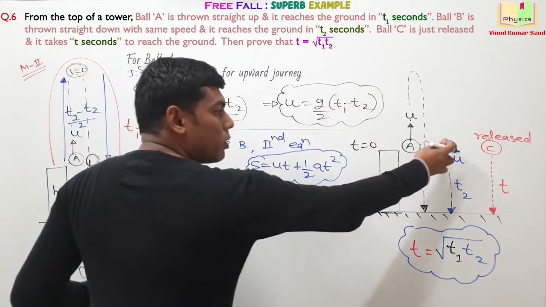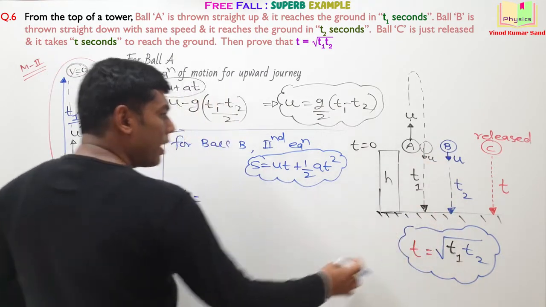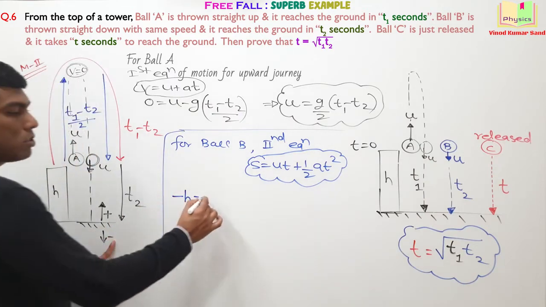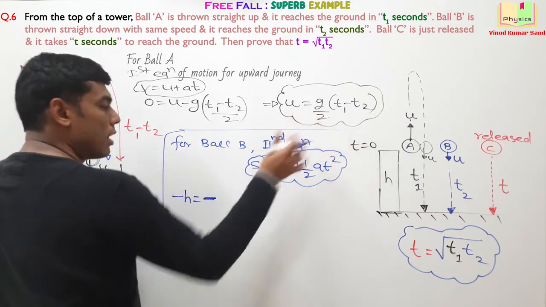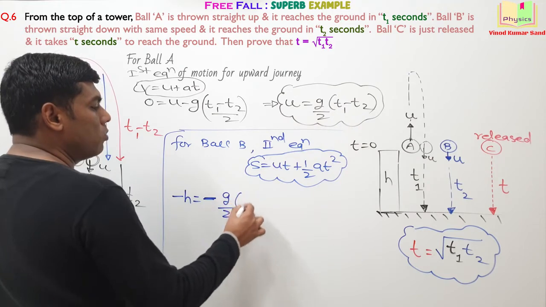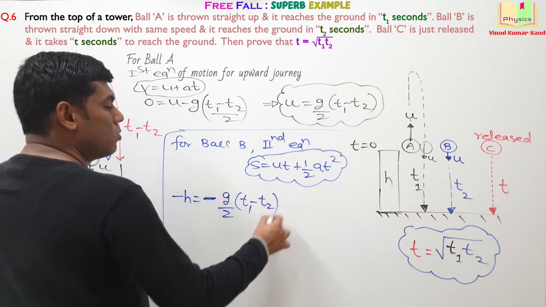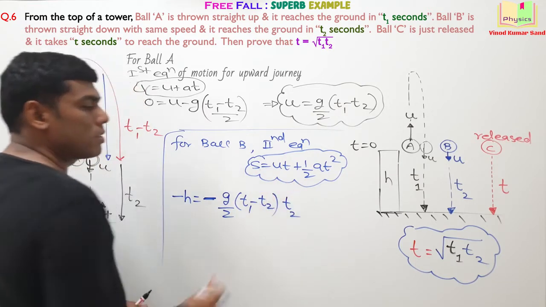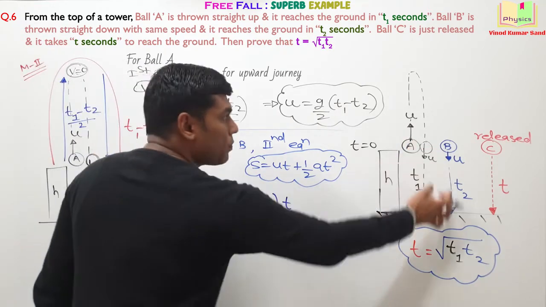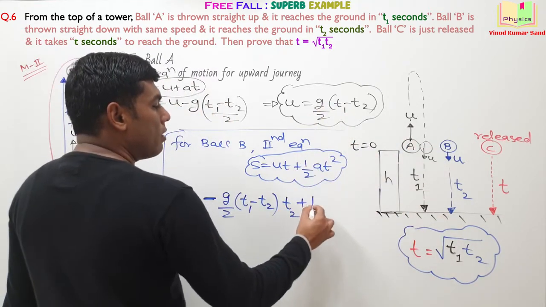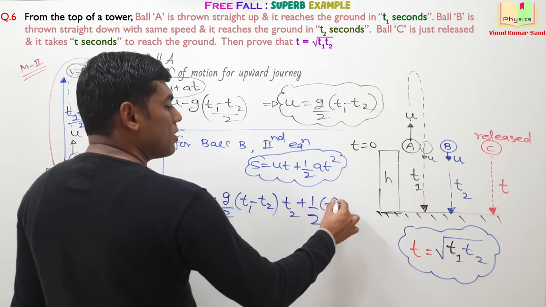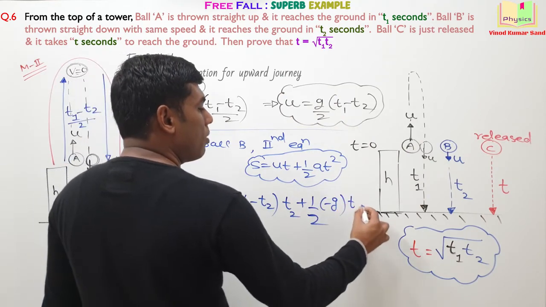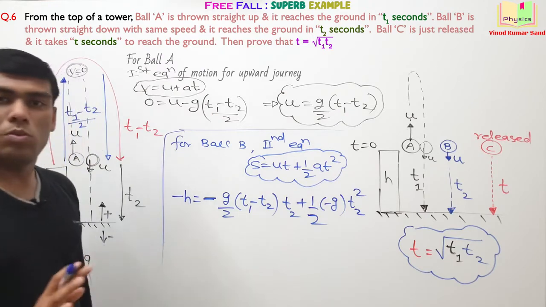The u of the ball B is also in the downward direction, so a negative sign here, and the value of u is available, g by 2 into t1 minus t2, and then time taken by the ball B is t2. Is it okay? Plus half, the acceleration is minus g, and the ball B will take time t2.